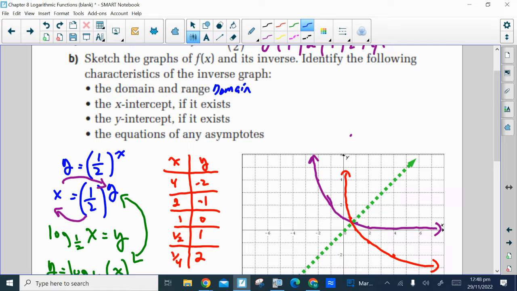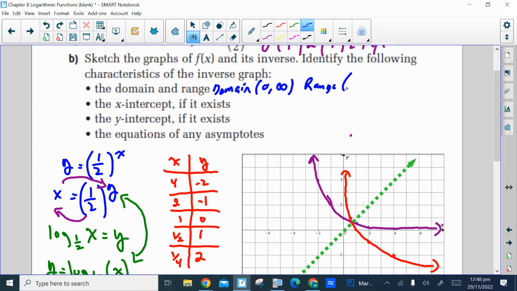This graph is on the complete right side of the y-axis because you cannot take the log of a negative number. X is the argument. It's what you've taken the log of. Yes, the base changes, but you're taking the log of x, and you cannot take the log of a negative number. So the domain is still from 0 to positive infinity.